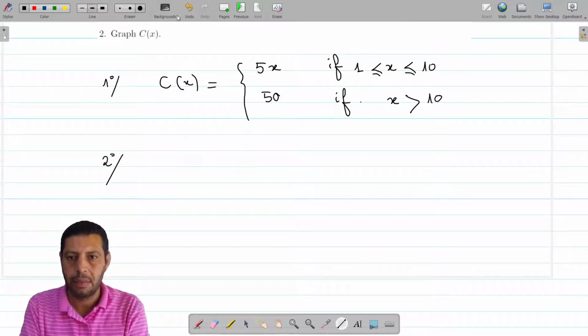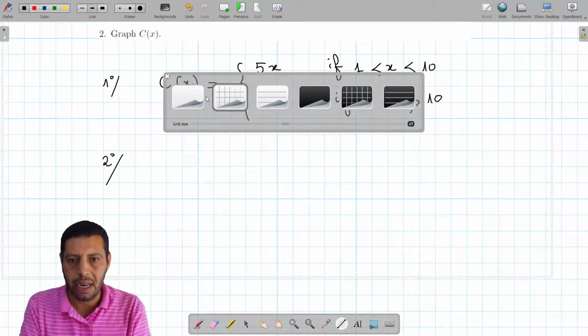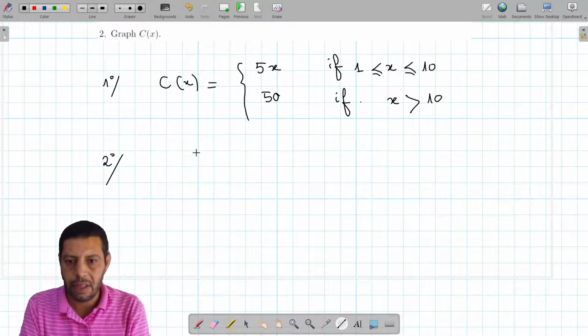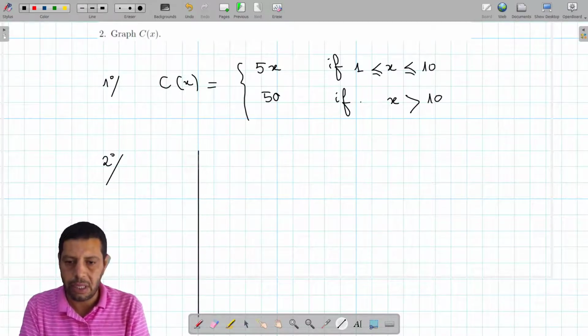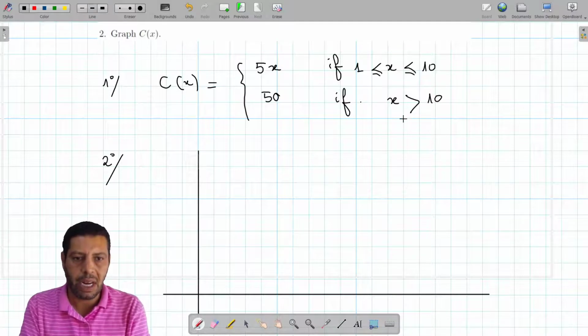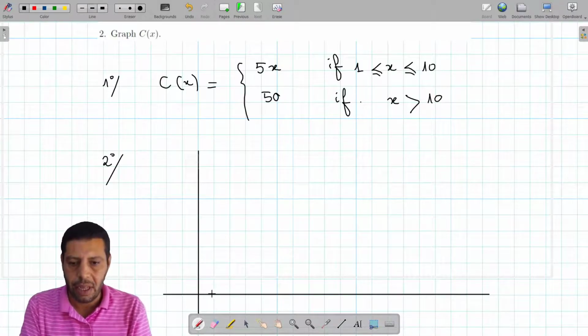I will change my background just to get a grid here, to be able to graph this function. So I will put a coordinate system. We have x between 1 and 10 and x greater than 10. Each unit here represents 1: 1, 2, 3, 4, 5. So the 10 is here.